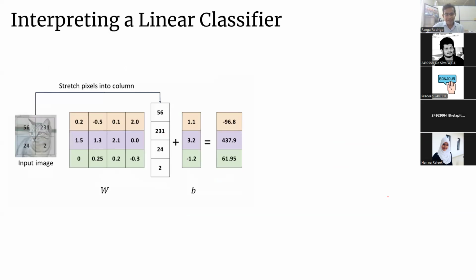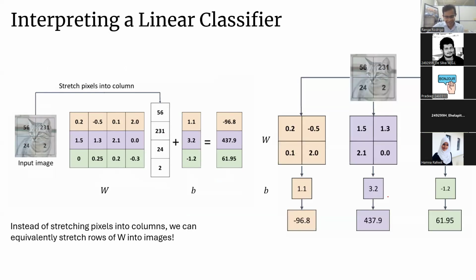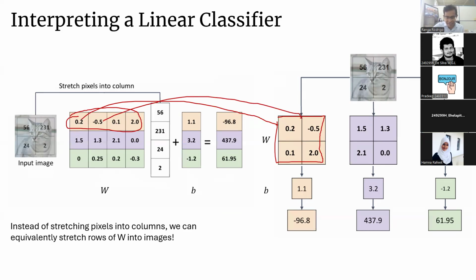When we interpret this linear classifier in a different way, we take this row of numbers and rearrange it to the size of the image. Can you see that? We put 0.2 here, 0.5 here. Remember, this has 4 numbers. Our image also has 4 numbers, 2 by 2. So we can arrange it to the size of the image.